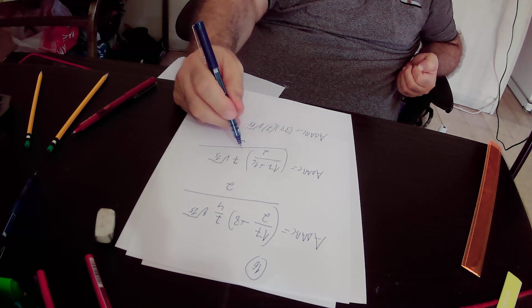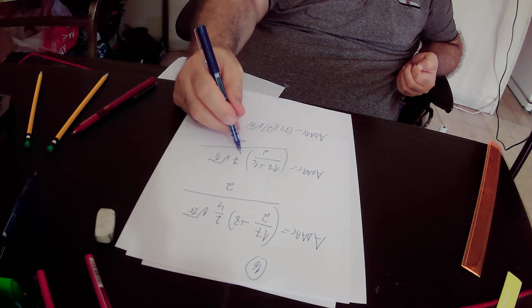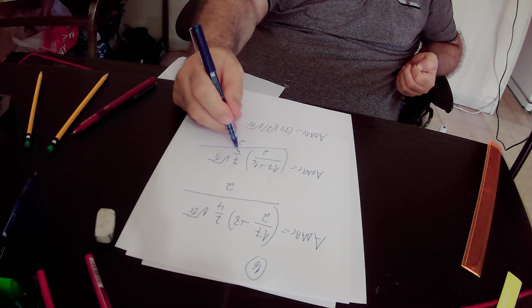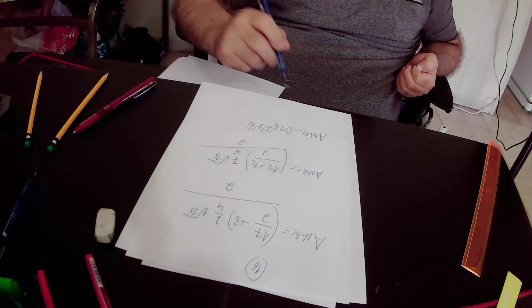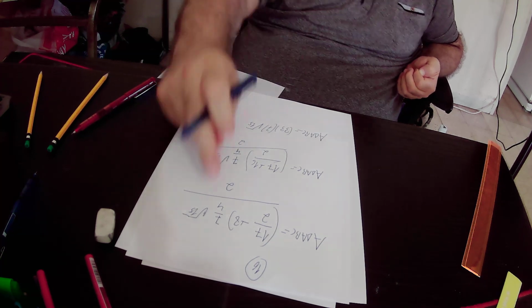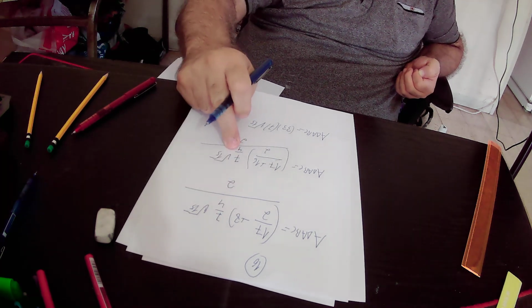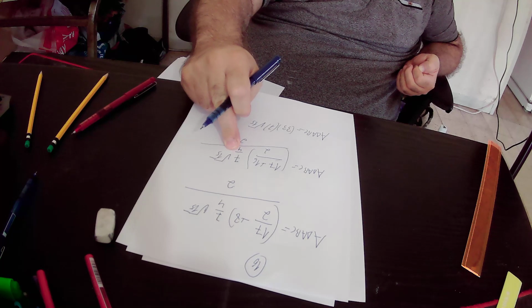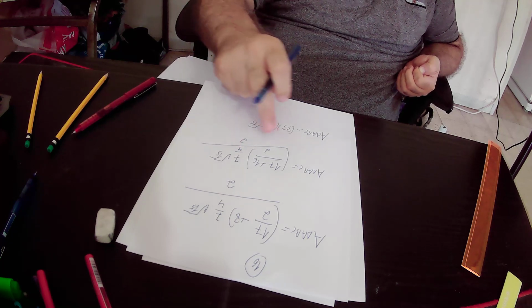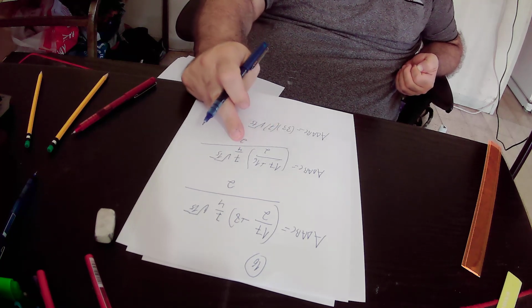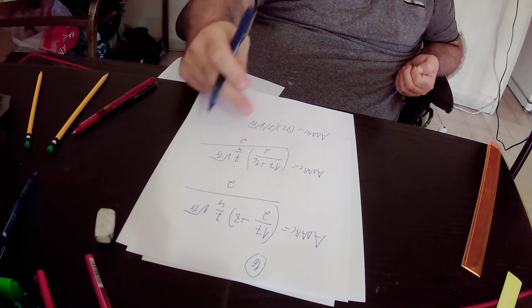Here we have 4, of course. I forgot to write 4 here. We have 7 over 4 here, so here is also 7 over 4. So 2 times 4 is 8, and 8 times 2 is 16.